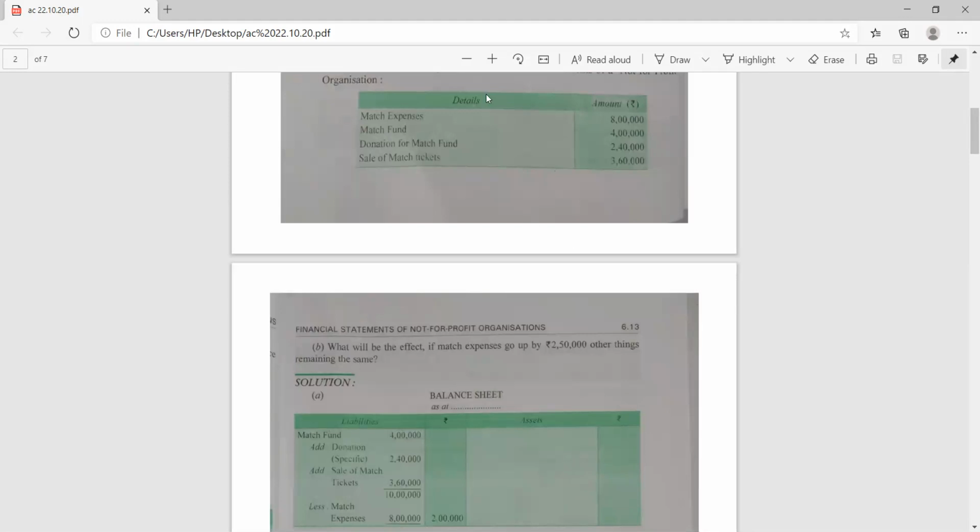Please mark in your books. I'm also marking here.